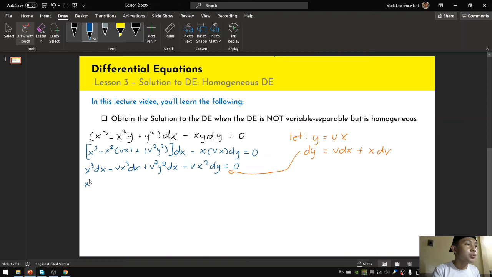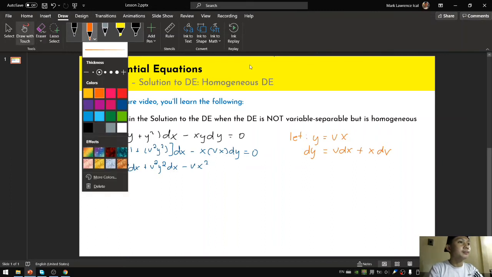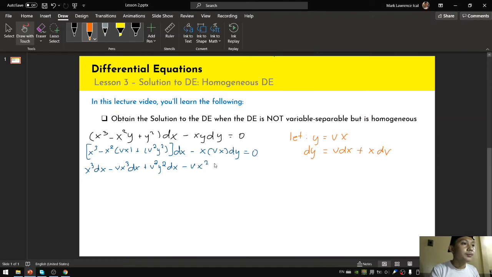So x cubed, x dx. Diretso ko na lang. So, v dx plus x dv equals 0.